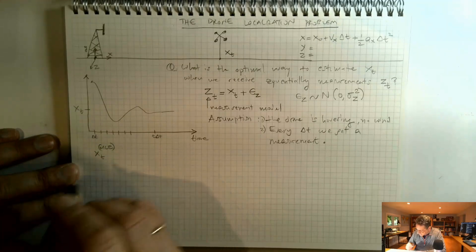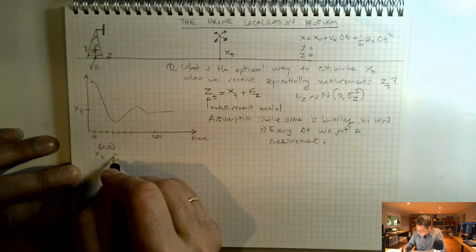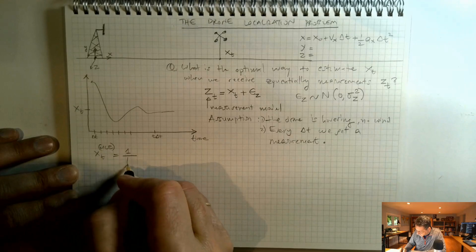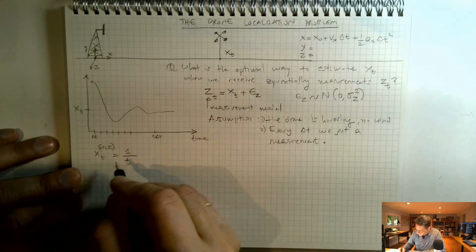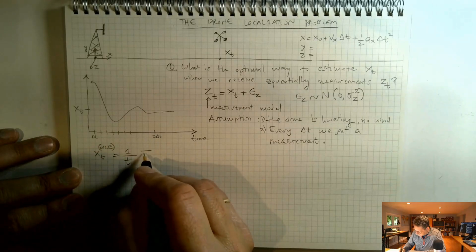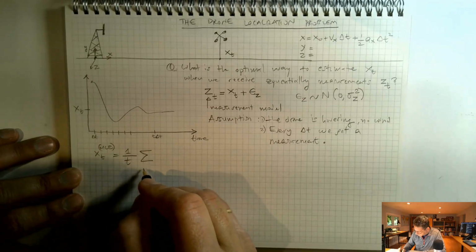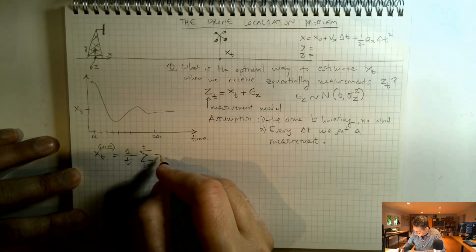The best estimate of xt, according to that maximum likelihood criterion, is 1 over t, the number of samples that we have received at this moment in time t, times the sum from i equals 1 to t of zi.